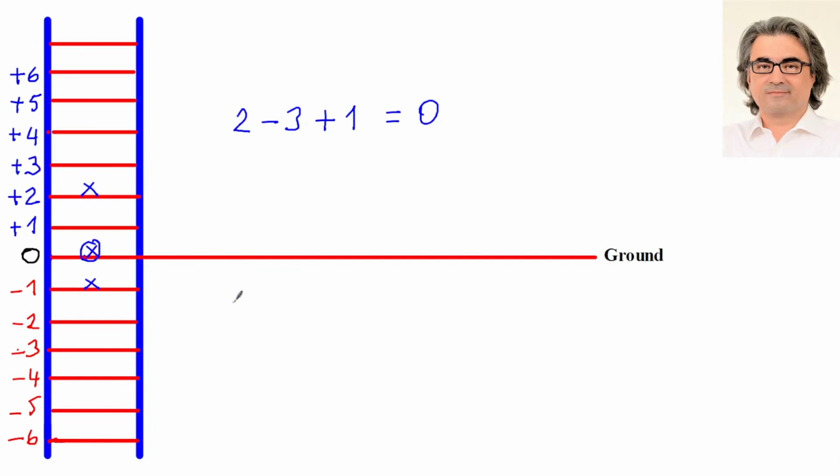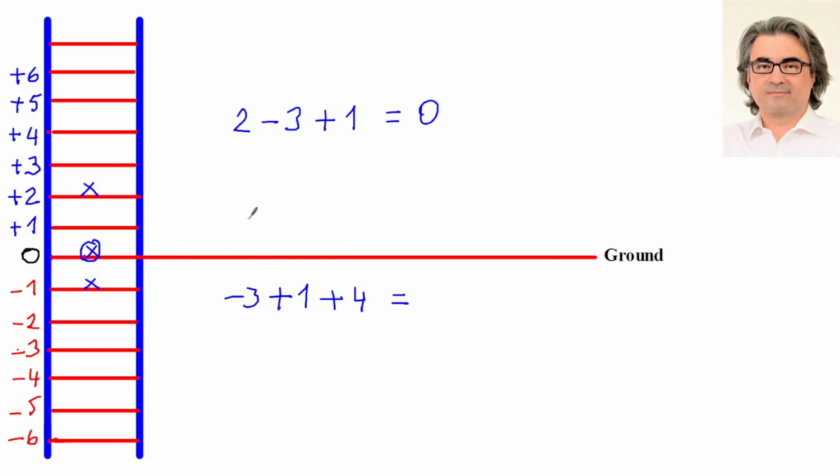Minus 3, plus 1 and plus 4. The first number of this operation is minus 3, as you see. What does it mean?